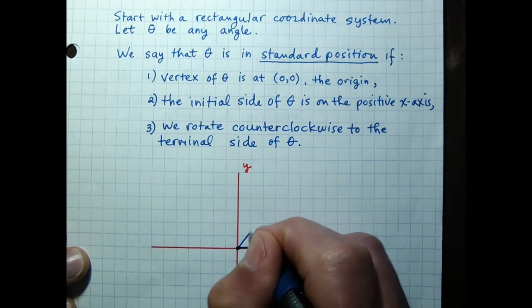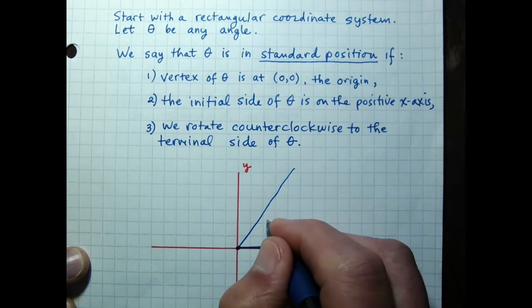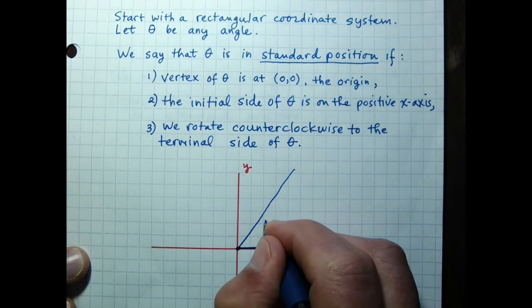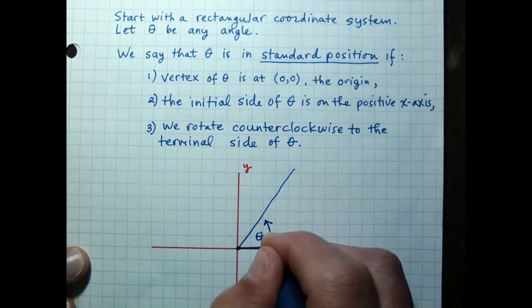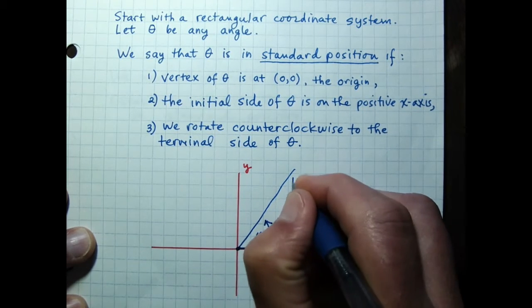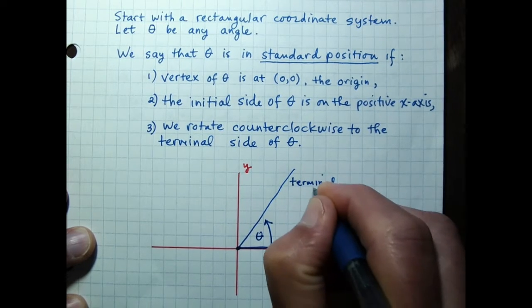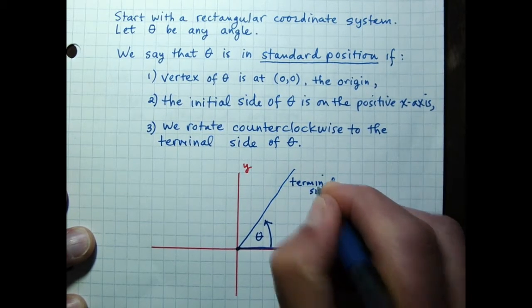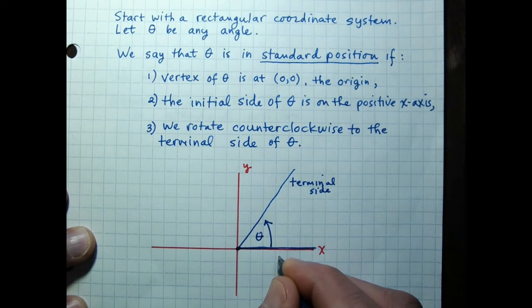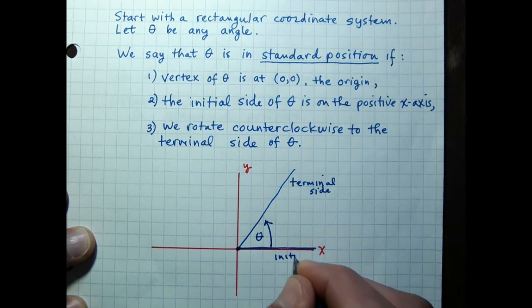So we always think of measuring the angle coming around this way in the counterclockwise direction. I'm just going to draw one example here. Here's my theta. We call this the terminal side, and this side is the initial side, always on the positive x-axis for standard position.